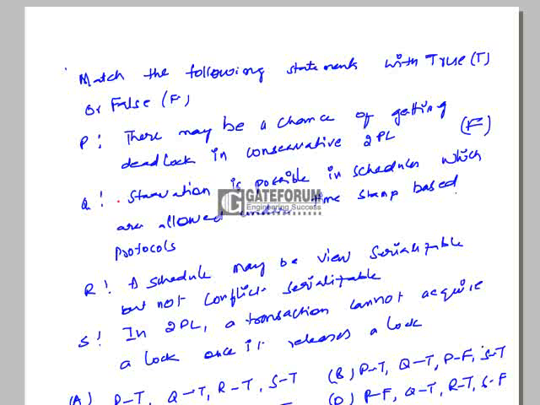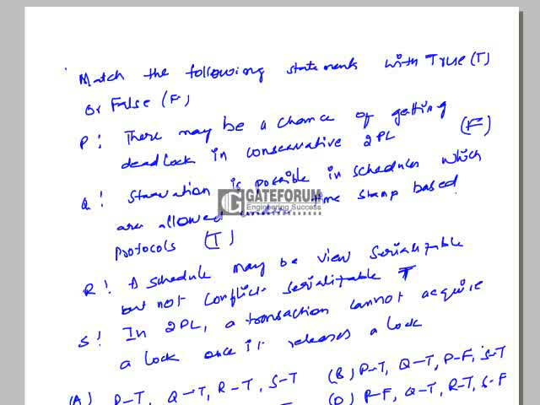Statement Q: starvation is possible in schedules which are allowed under timestamp based protocols. Here statement Q is true. There is starvation for some transactions in timestamp based protocols. Statement R: a schedule may be view serializable but not conflict serializable. Yes, this is also true. Why? Because all the conflict serializable schedules are a subset of view serializable schedules.